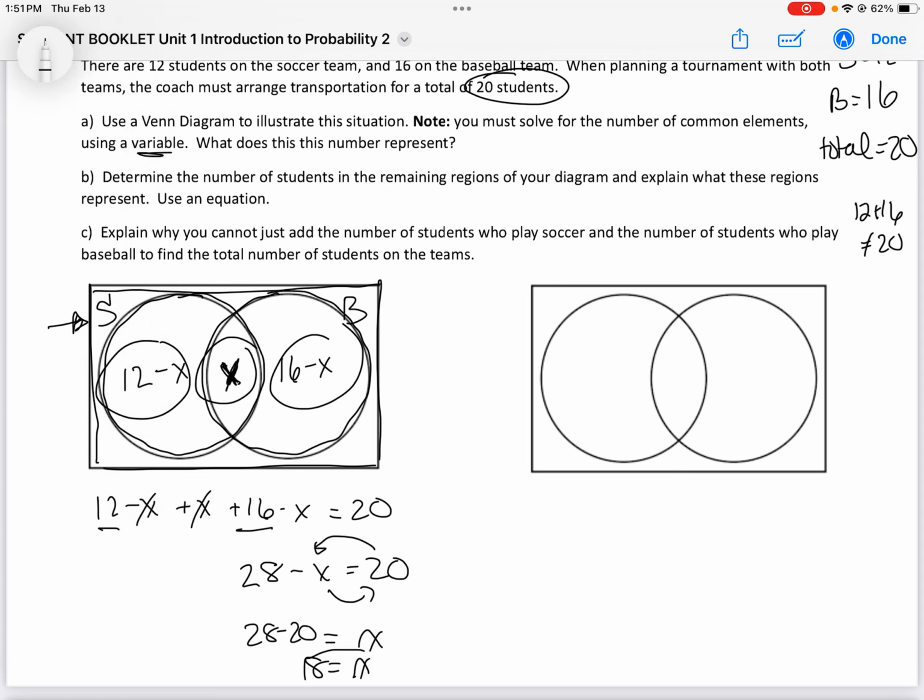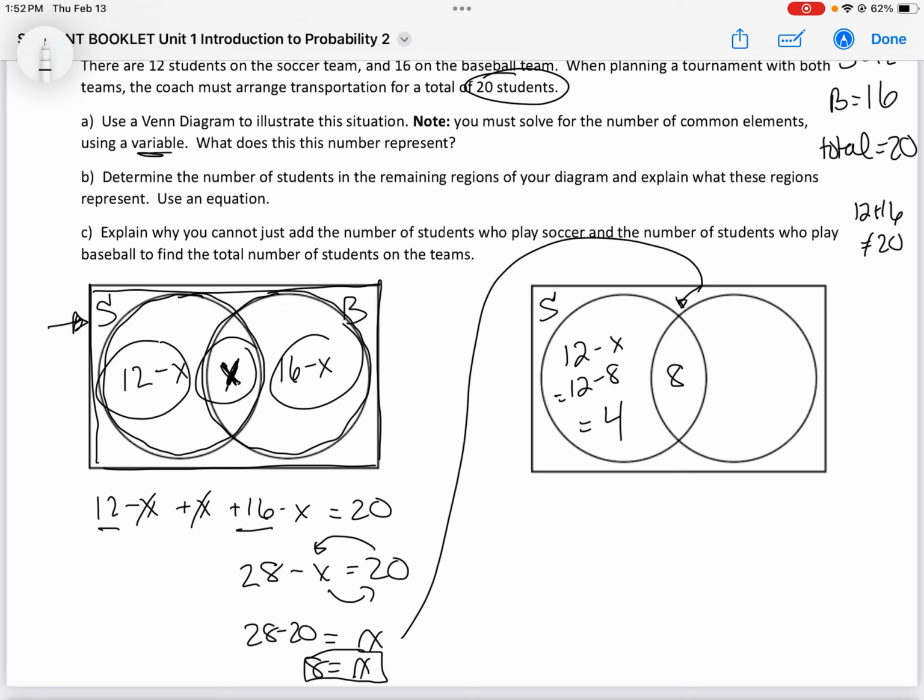There we go. Okay, so let's go ahead and plot that right in the middle. That's going to be 8. This was originally 12 minus x, which is actually 12 minus 8. So the number in this circle should be 4. So 4 individuals only play soccer. 8 play both soccer and baseball.